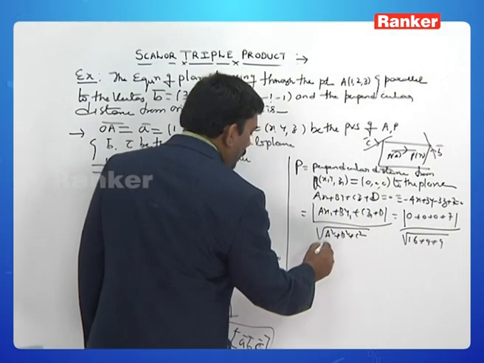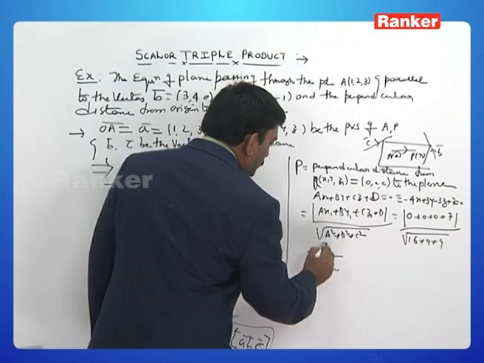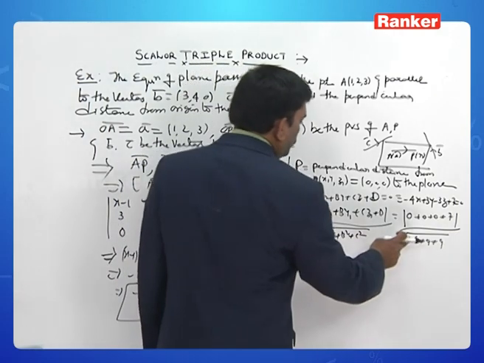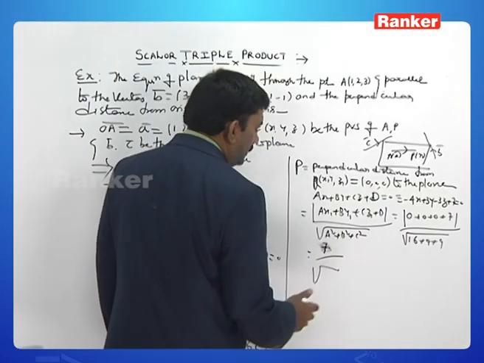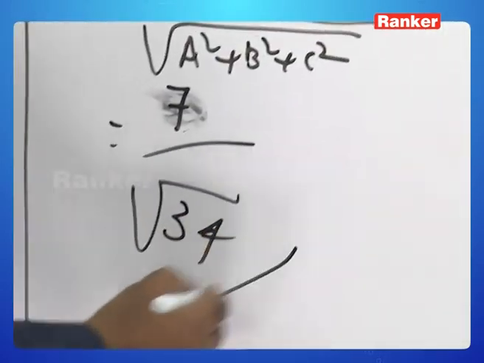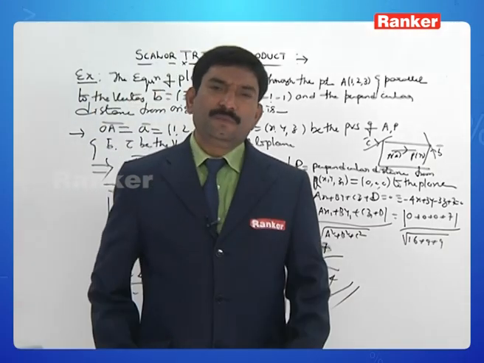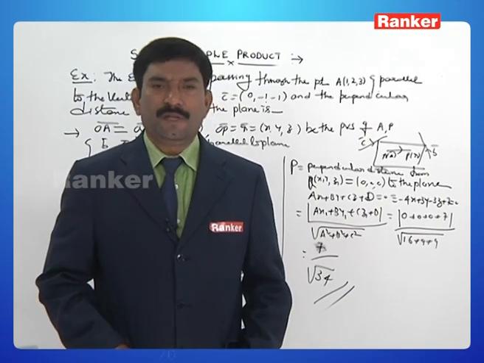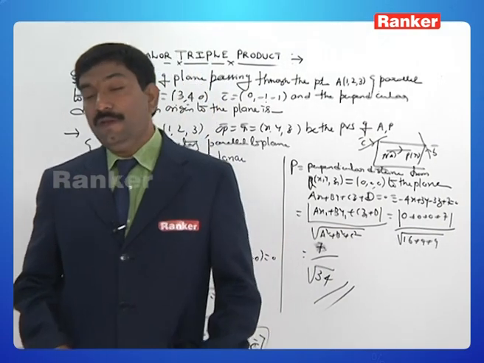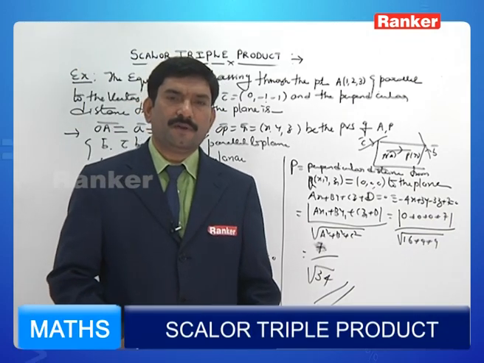So 7 by square root of 34. 7 by root 34 is the perpendicular distance from the origin to the plane passing through the point A bar and parallel to the vectors B bar and C bar, right?